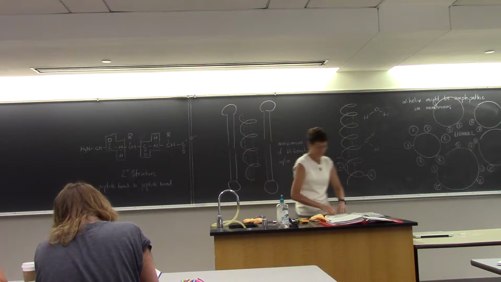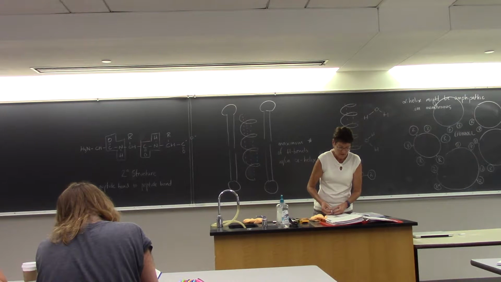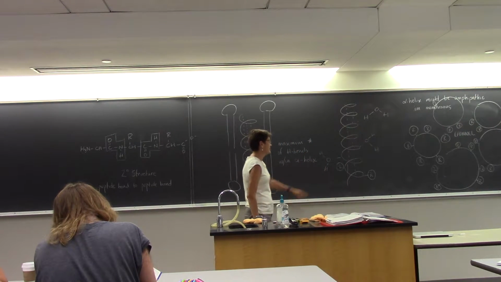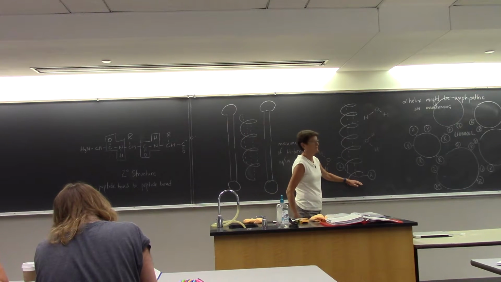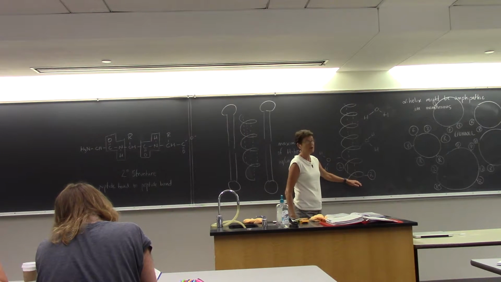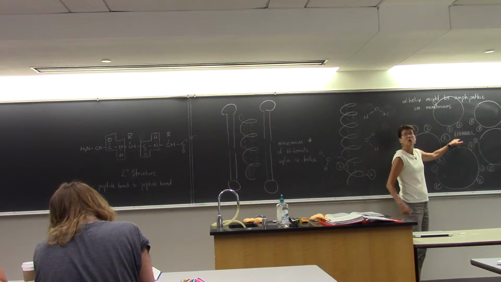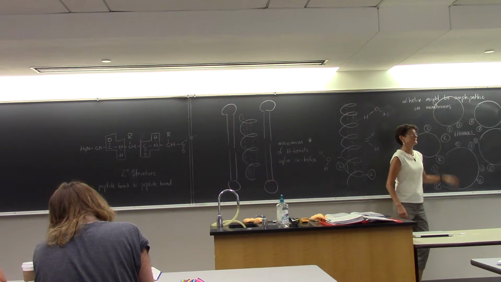Okay, so it's not true that the alpha helix that spans the membrane has to be completely hydrophobic. It might have to carry some characteristics that would attract whatever it is that it's transporting.